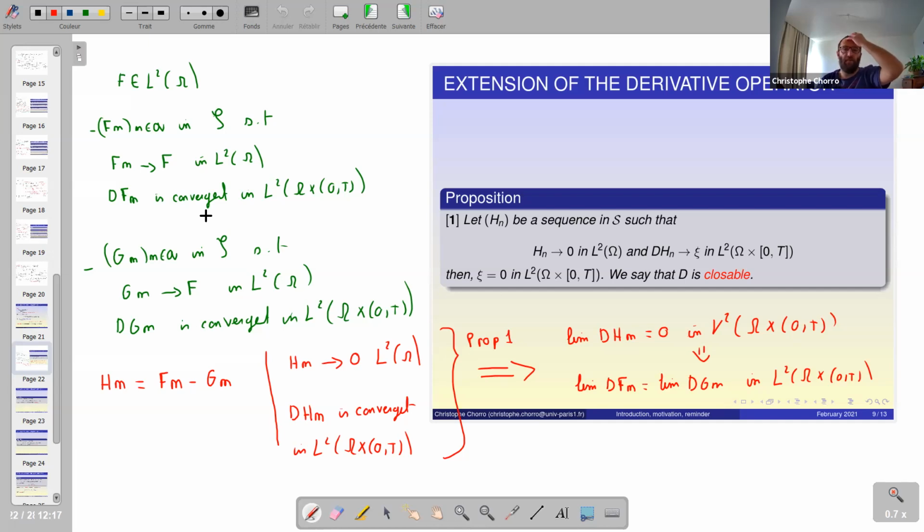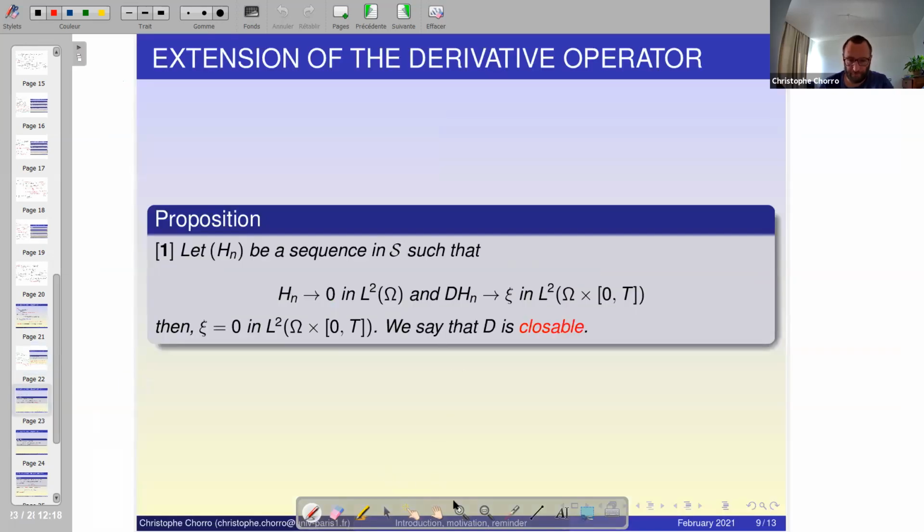So the idea of my extension is natural: extend the derivative operator, taking advantage of the fact that it is defined on elementary random variables, and taking advantage of the fact that the elementary random variables are dense in L2 of omega. So let's prove this proposition.